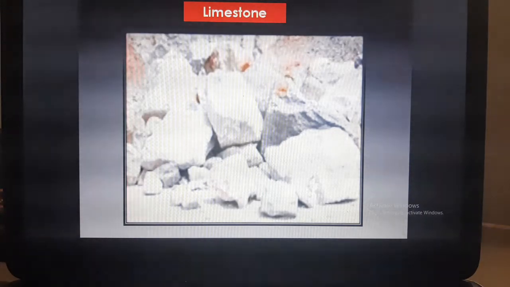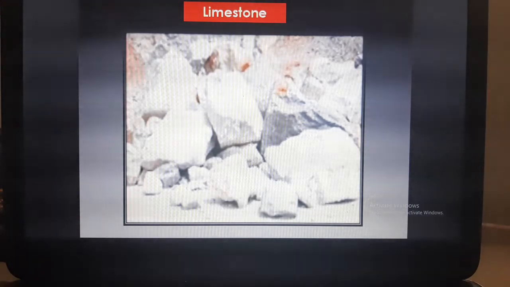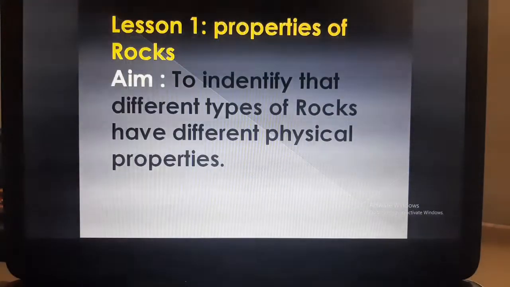Rocks are found all around us. Rocks are naturally formed solids on the earth's surface. Like the mountain, pebble, gravel, sand and clay, there we can find some rocks.